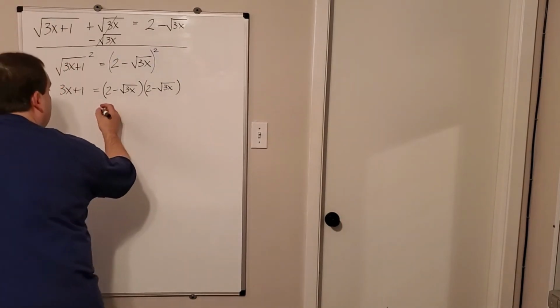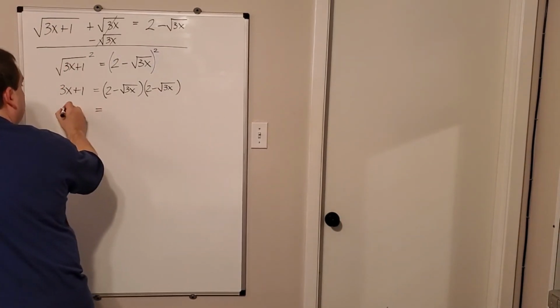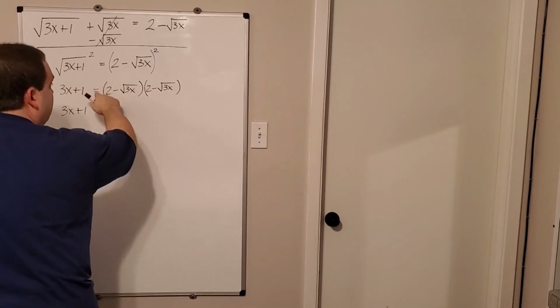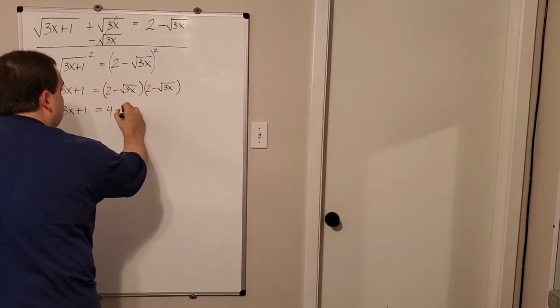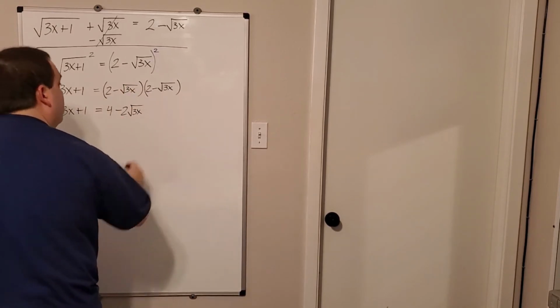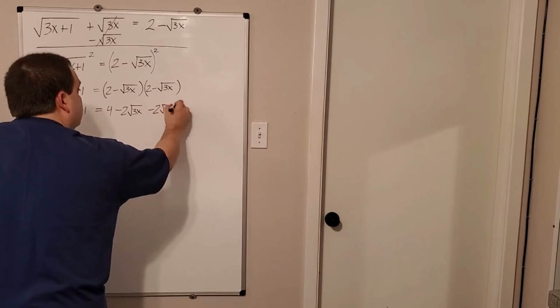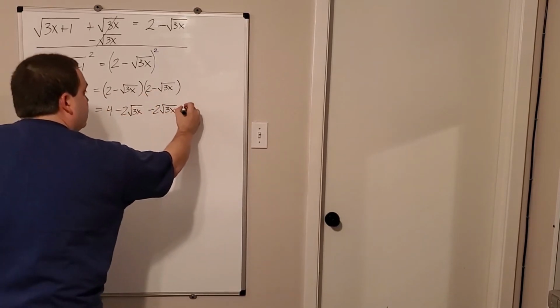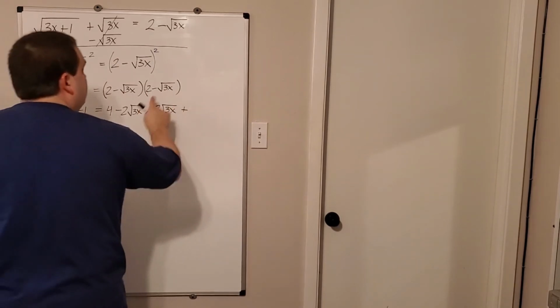I've got equals 2 times 2, 2 times negative square root of 3x, so that's negative 2 square root of 3x. 2 times negative square root of 3x is negative 2 square root of 3x. And then negative times negative is positive. Square root of 3x times square root of 3x.